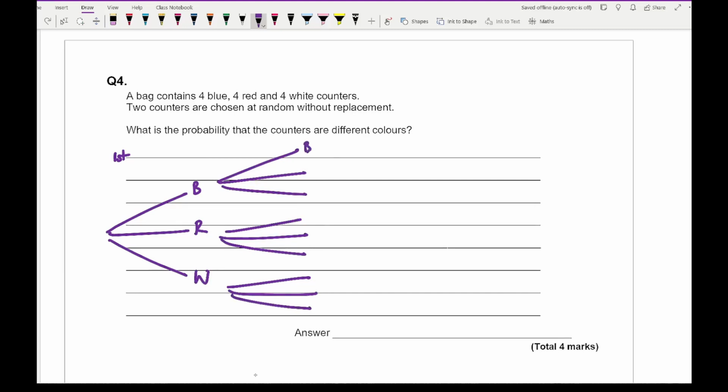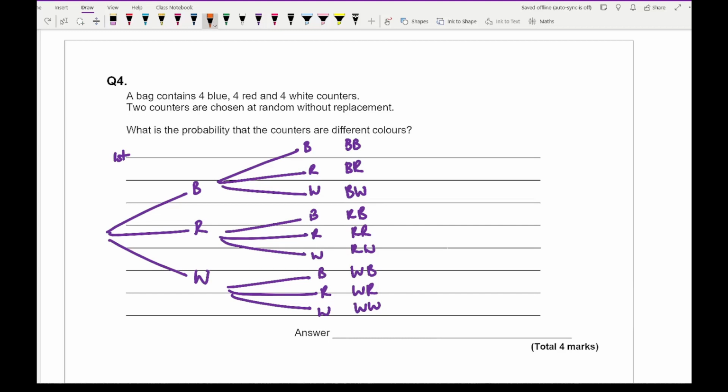And I've got blue, red, white, blue, red, white, blue, red, white. And then the outcomes are BB, BR, BW, RB, RR, RW, WB, WR and WW.